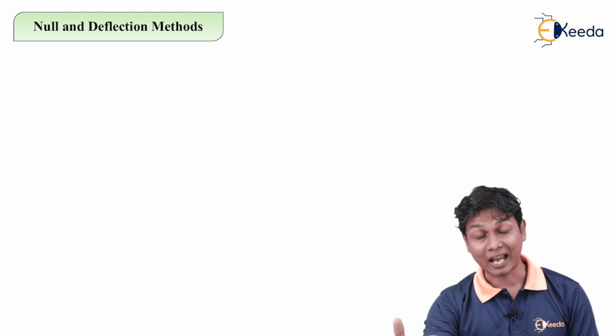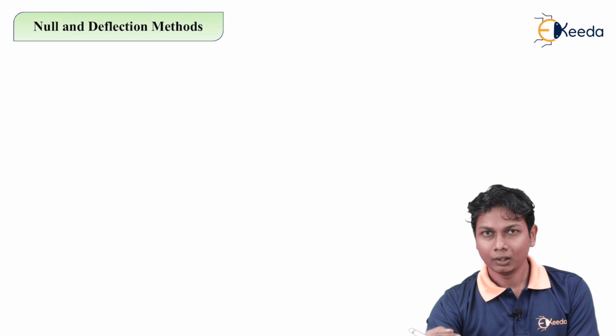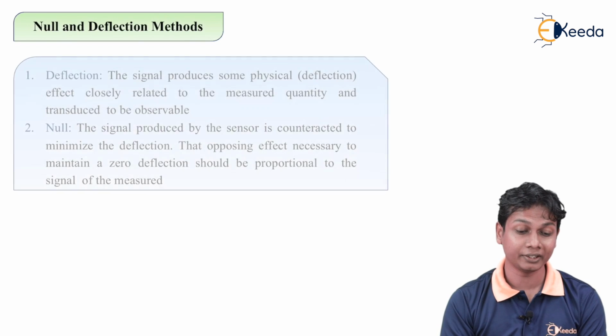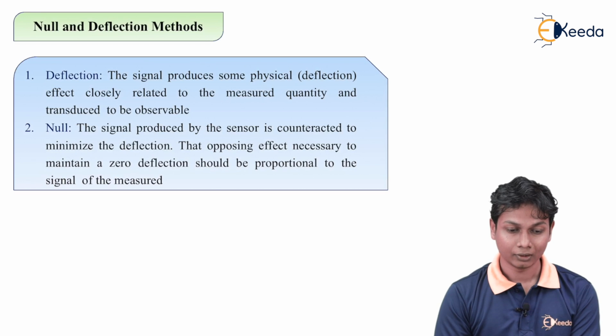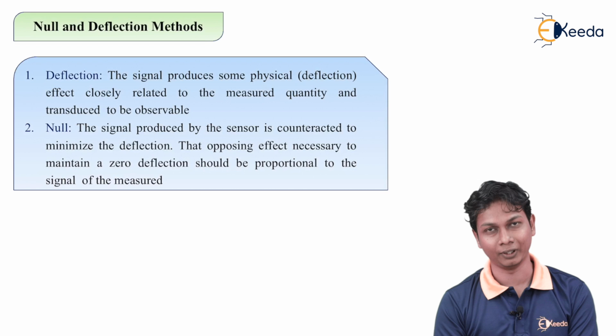Now it's time for null and deflection methods. The null method is one thing and the deflection method is another. Let's start with the deflection method. The signal produces some physical phenomenon.